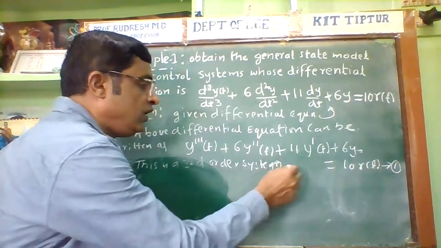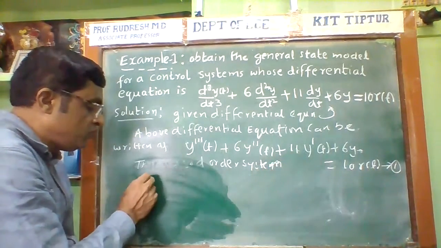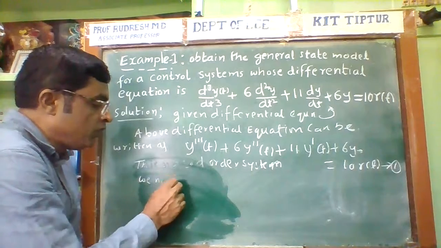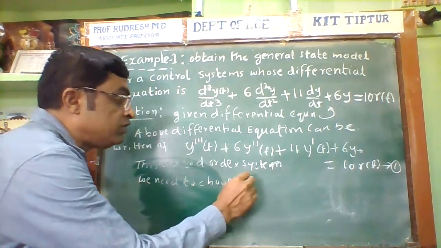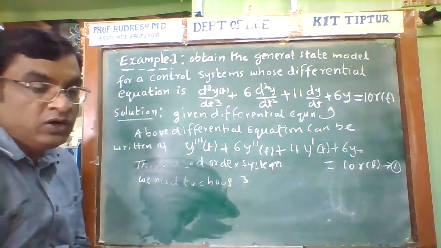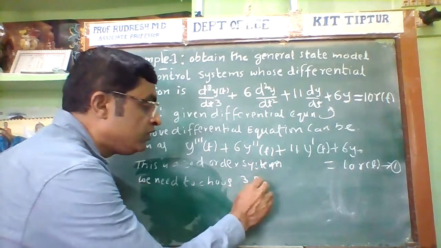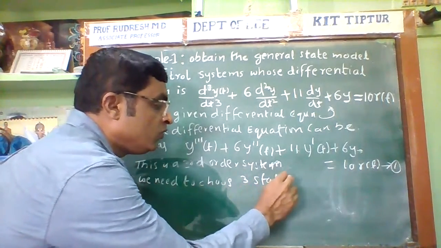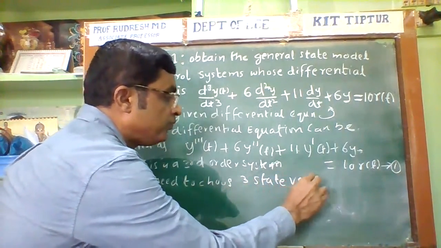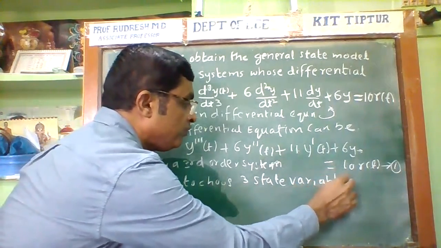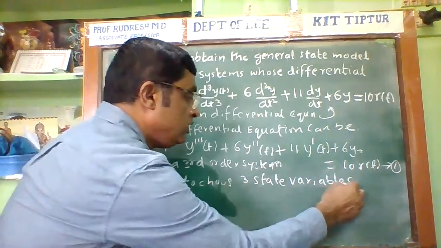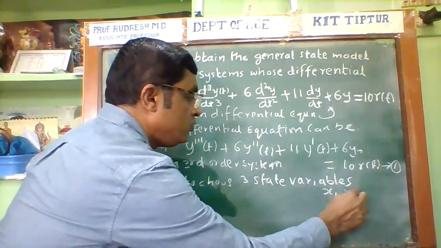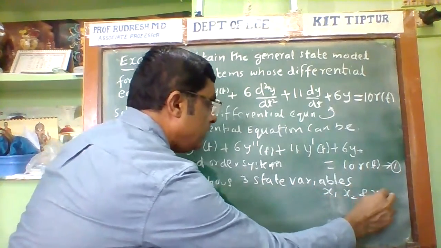Therefore, we need to choose three state variables, x1, x2 and x3.